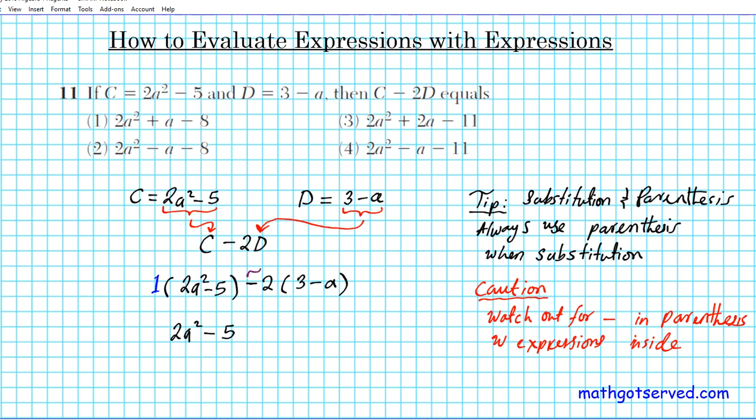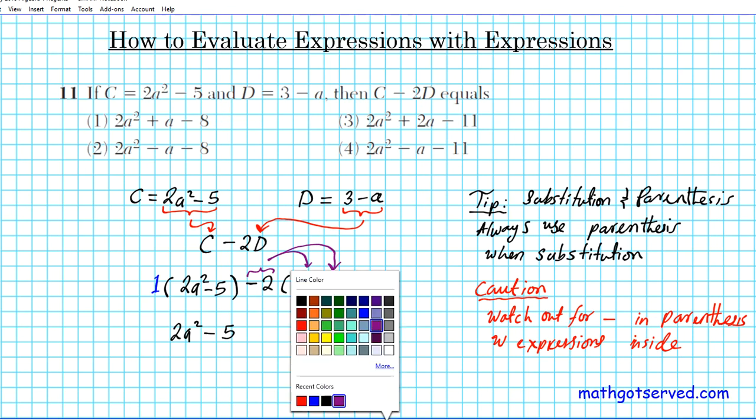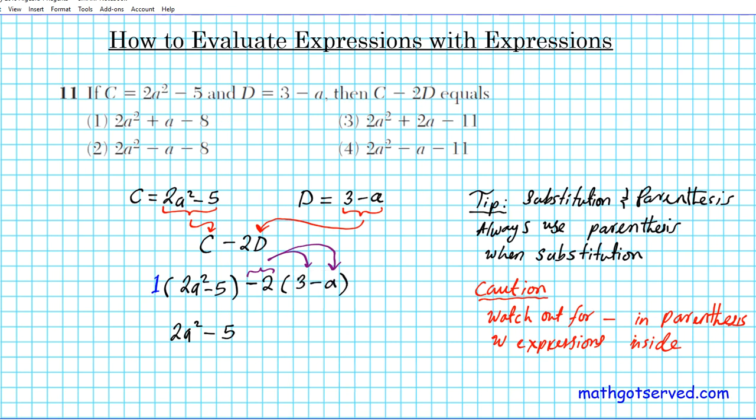So negative 2 will be distributed to positive 3 and negative a. And as indicated earlier, when you distribute to negatives, signs do change. So negative 2 times 3 will give us negative 6, and then negative 2 times negative a will give us positive 2a.